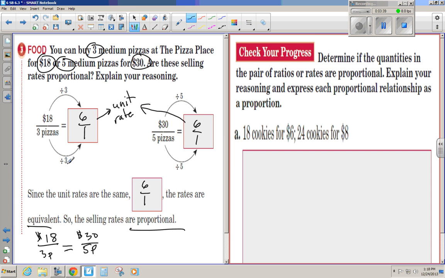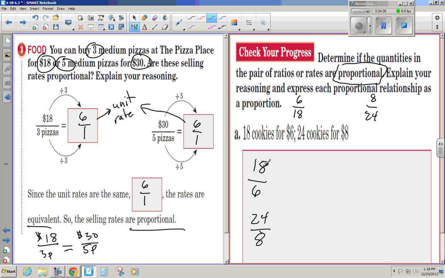All right, so check your progress. All you're doing is setting up proportions. And to see if it's proportional, it doesn't matter which number you put where. So you can set this one up as 6 over 18 and 8 over 24. Or you can put the smaller number in the denominator, which is what I'm going to do, and compare it that way.